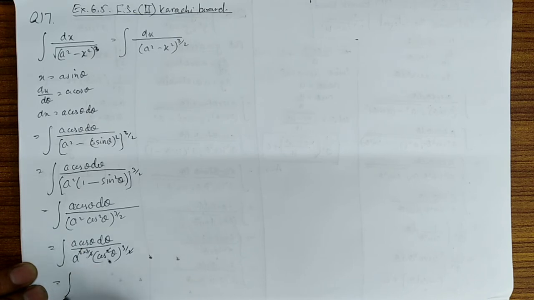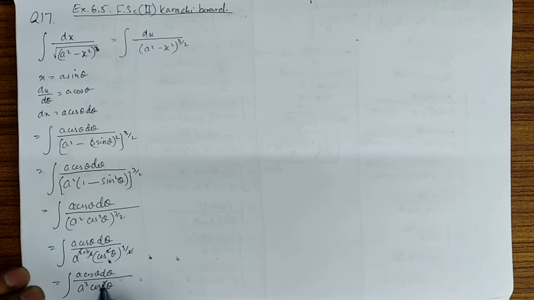We're left with here now a cos theta d theta whole divided by a cube cos cube theta, right?